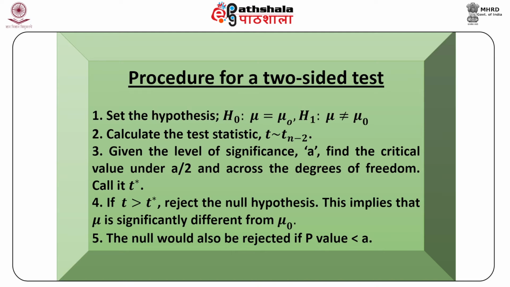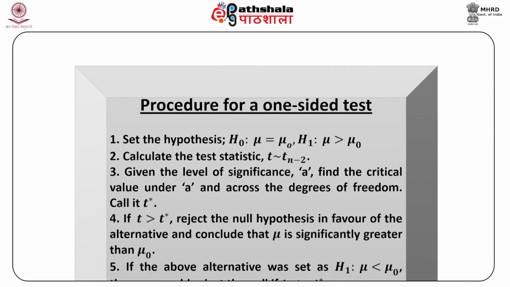Call it T star. The fourth step is that if T, which is the T calculated, is greater than T star, reject the null hypothesis. This implies that mu is significantly different from mu 0. And the last step is that the null would also be rejected if the probability p value is less than alpha, the level of significance.